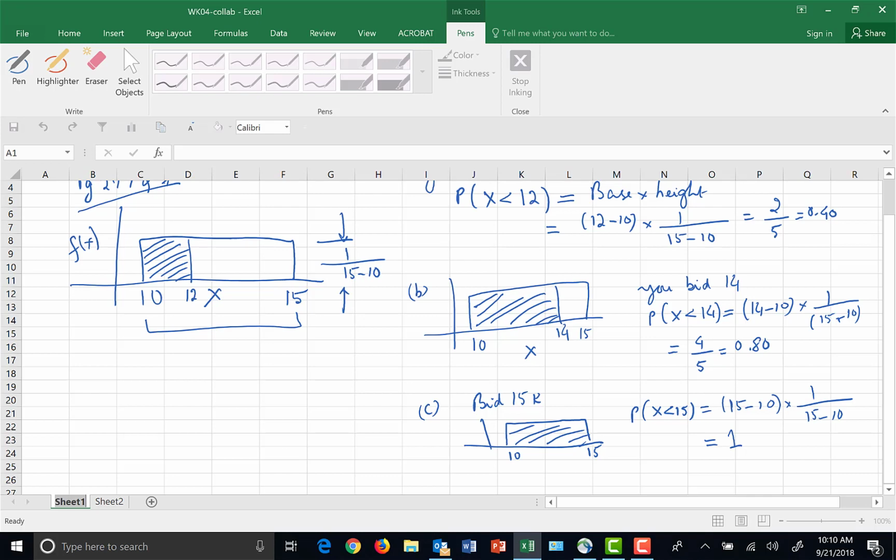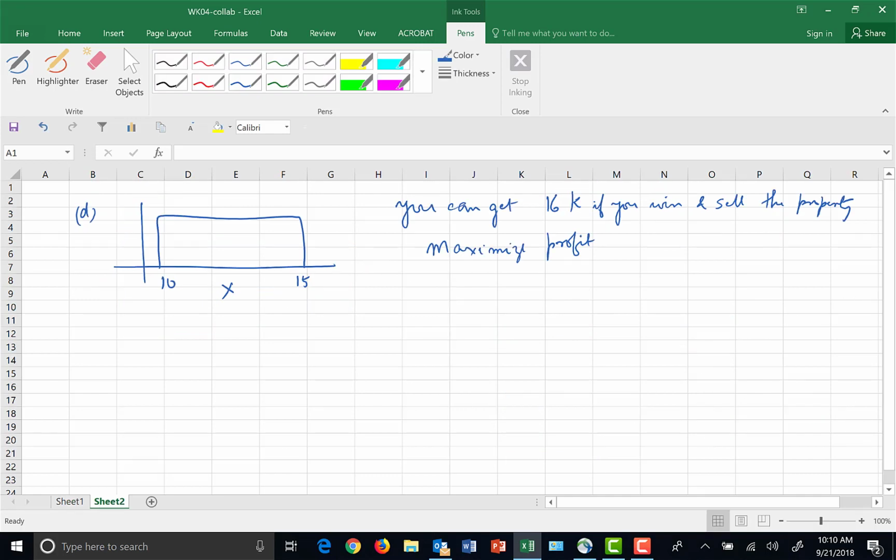But now if I think of profit, suppose I win and then I sell, I can sell for $16,000. So should I still bid $15,000? Because $15,000 guarantees me that I'm going to win the property. But should I really be bidding $15,000 if I have a customer who's willing to pay me $16,000? Okay, so let's look at the analysis here.